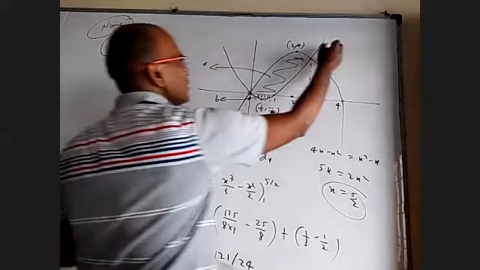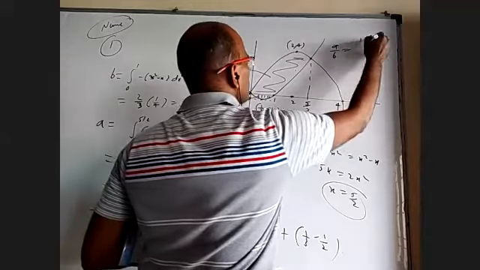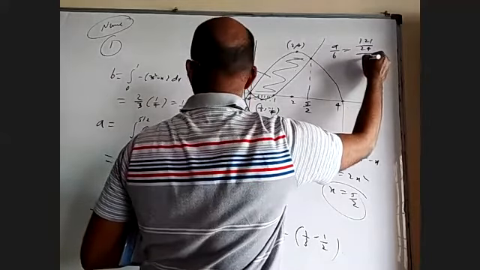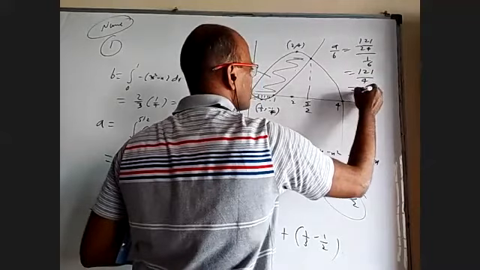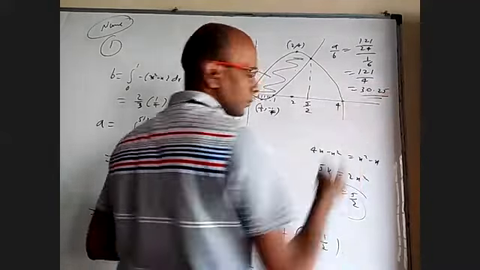Okay, so now if you want A by B, it is 121 by 24 divided by 1 by 6. That is 121 by 4, which is 30.25.